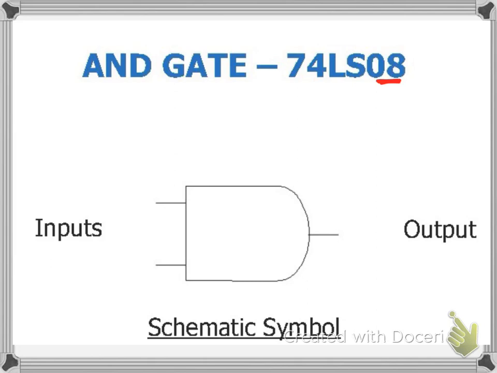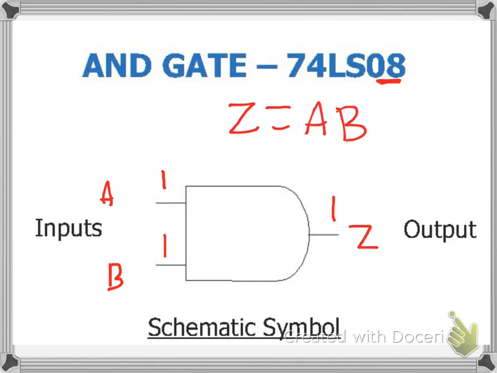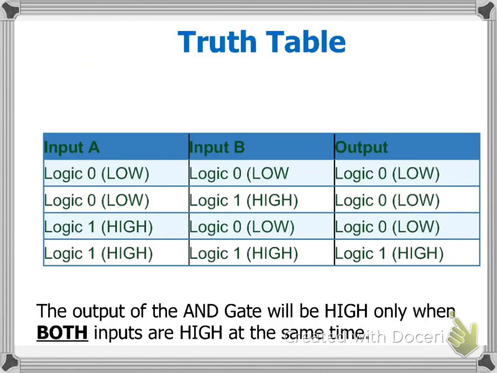How to read this: let's call this input A and input B. If A is 1 and B is 1, the output, let's call it Z, will be 1. So we could write the Boolean expression as Z equals A AND B. Both inputs must be high for Z to be high. There's the truth table.